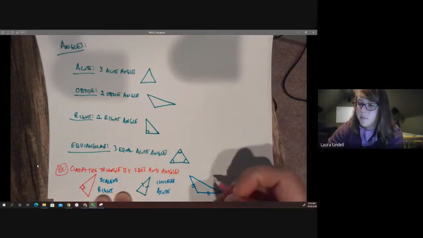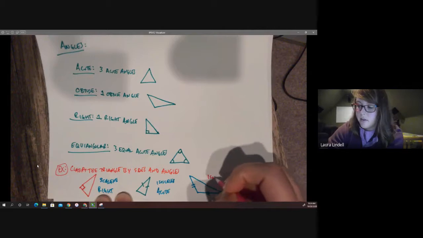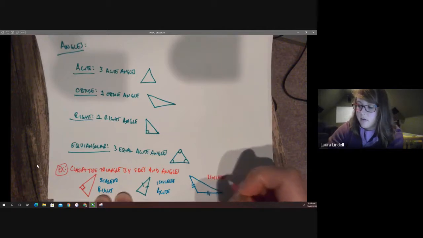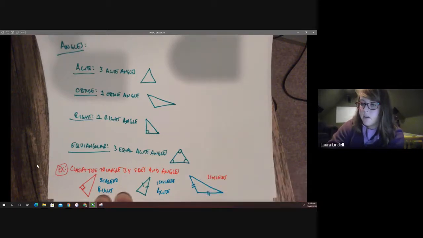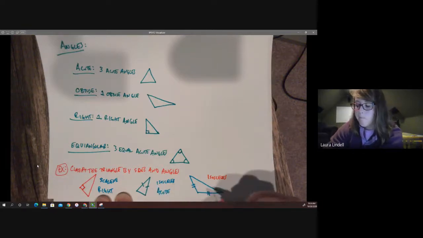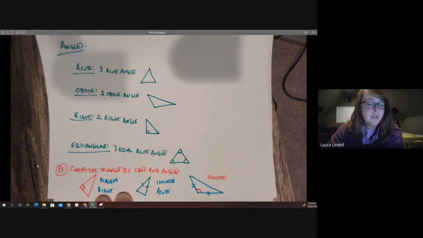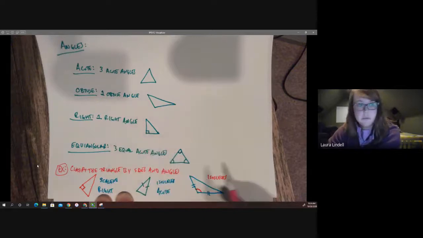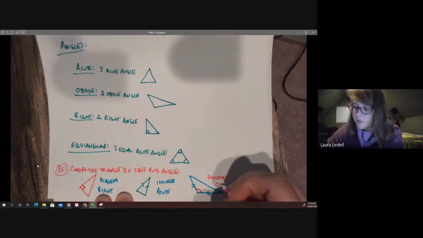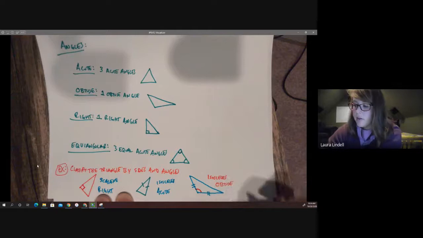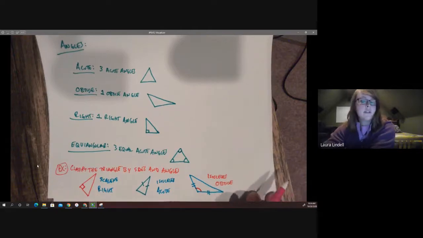So that'd be another isosceles. But this time, these are not the same kind of angles in both of these triangles, right? This one here looks obtuse, and so only one obtuse angle is required in order for it to be an obtuse triangle. So this one is isosceles and obtuse.